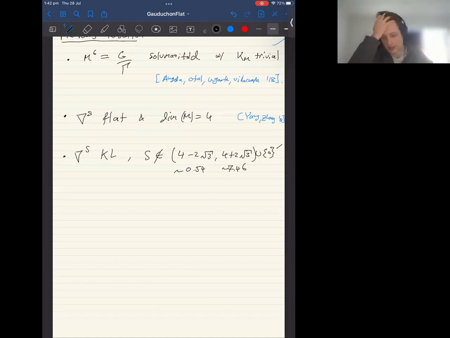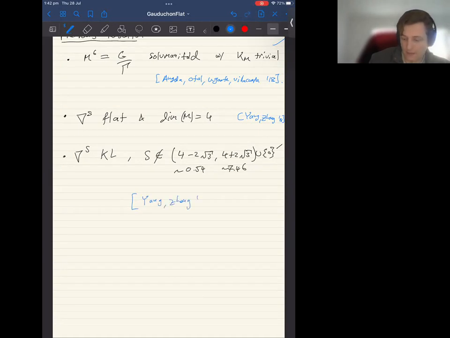So there's a very strange, mysterious interval for which it's possibly open. So this was done by Yang and Zheng in 18 for the flat case, and then Zhao and Zheng in 2021 for the scalar-like case.